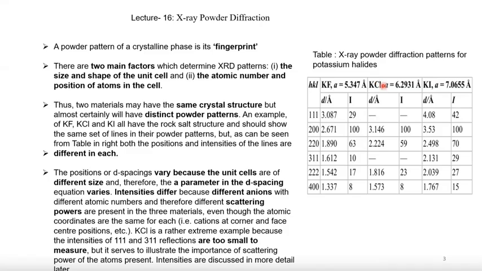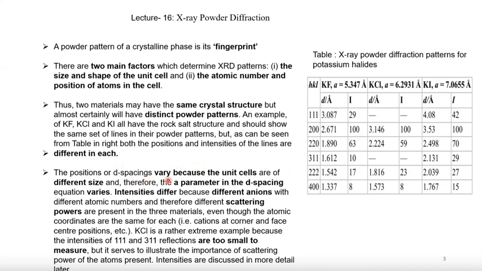But if we go here, we see that potassium chloride does not have a few lines, which are very low in intensity, and we could not see those lines because they are within the background noise. So potassium fluoride and its counterpart potassium chloride do not have the same powder pattern. Similarly, the potassium iodide.